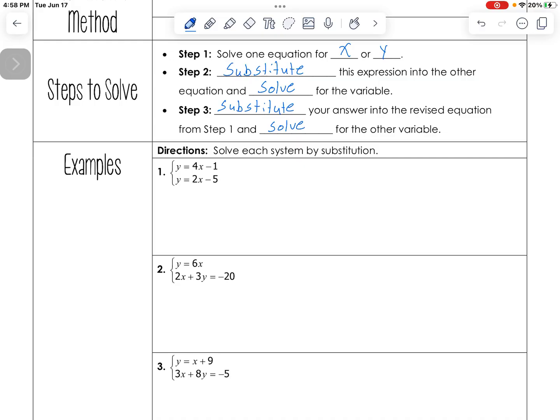So we're going to take 4x minus 1 and plug it in for this y. Whenever we plug that in, we end up with 4x minus 1 equals 2x minus 5.